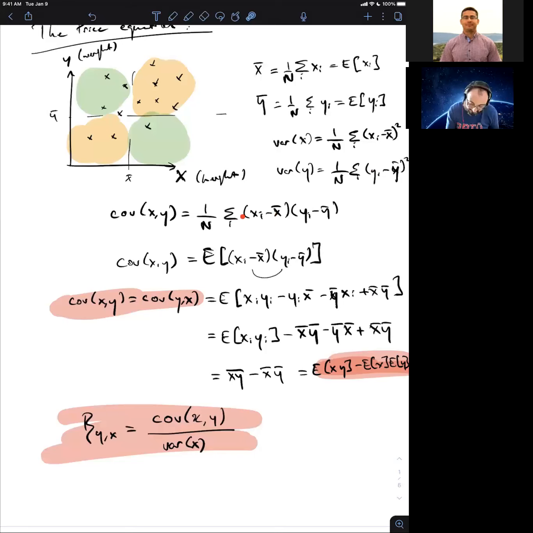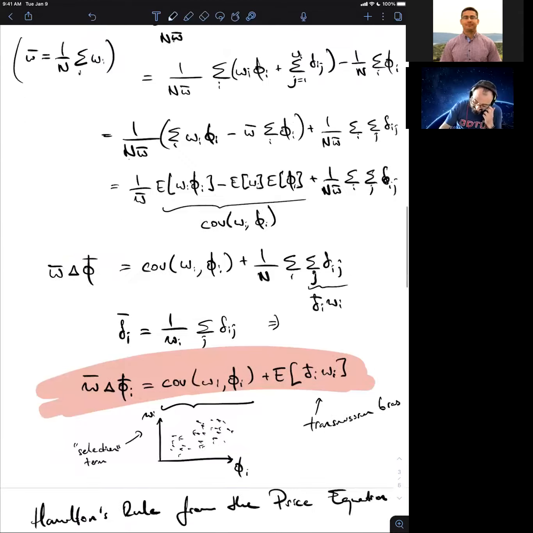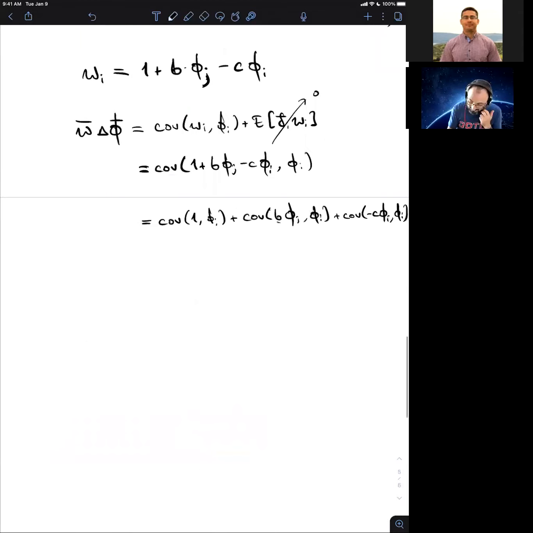You can factor that out of the sum because it doesn't depend on I. So the covariance of a times x and b times y is simply a times b times the covariance of x and y, when a and b are constants. Basically you can pull the constants out of the covariance. Since this b and this minus c are constants, we can pull them out of the covariance.